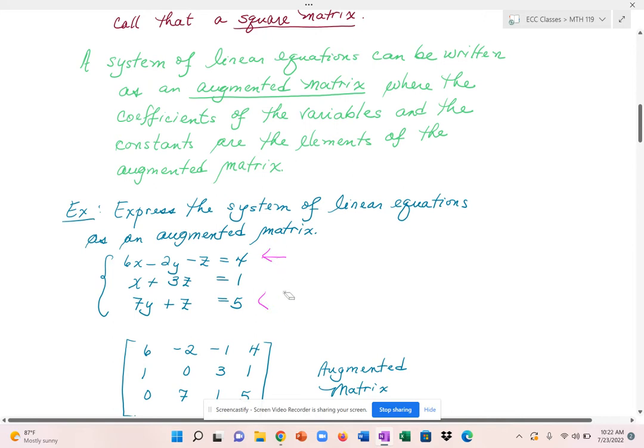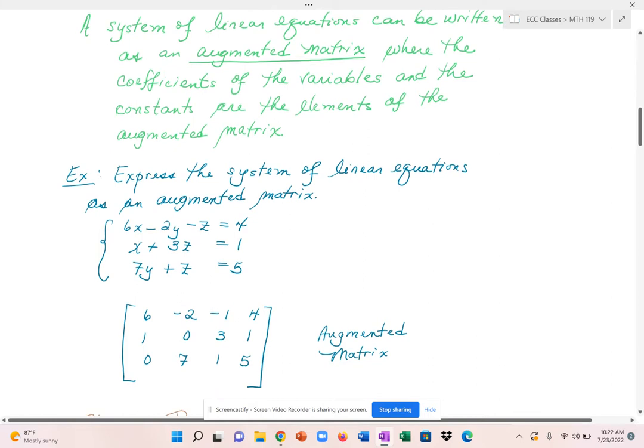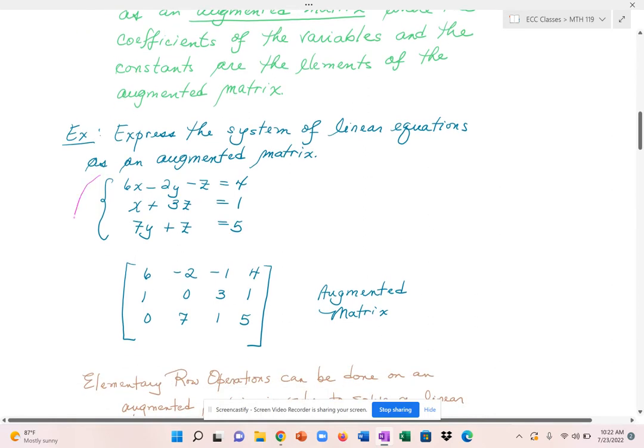So the way we're going to represent that is the first equation is written as 6, -2, -1, and 4. 6, -2, -1 are the coefficients of x, y, and z, and 4 is your constant. Sometimes a dotted line is placed between the variable coefficients and the constant, but that's not always required.